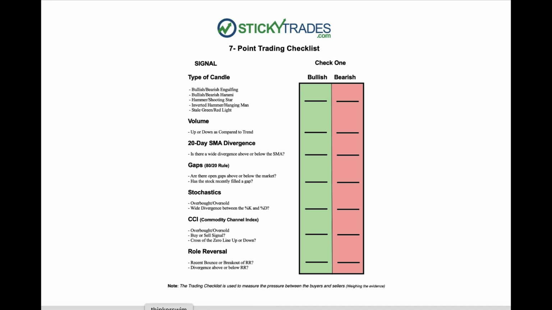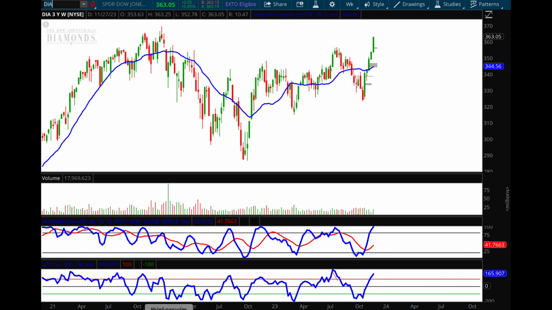Now, if we go to the charts looking at the DIA, which is the Dow Jones Industrial Average ETF, looking at the weekly chart. I'm starting with the weekly chart, and then I will zoom into the daily chart. You can see here that we have a very wide divergence between the K and the D on the stochastic.